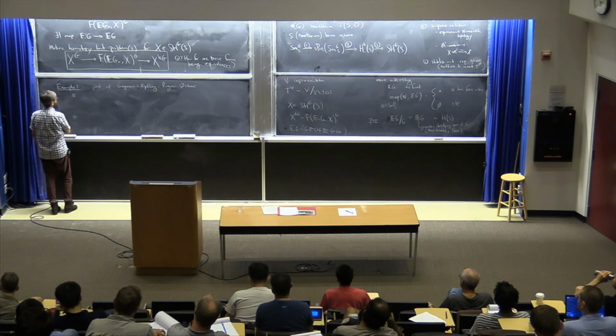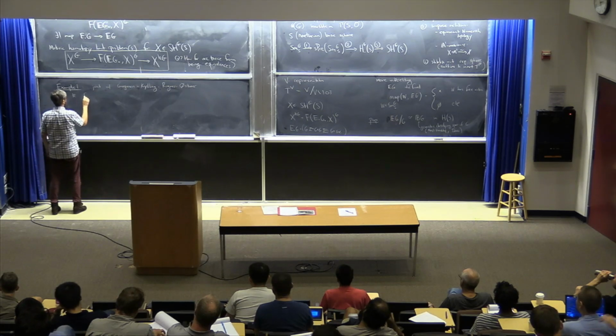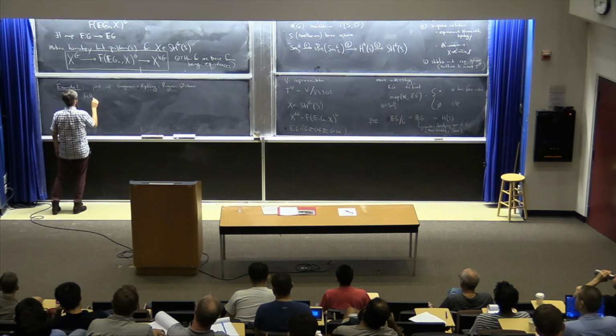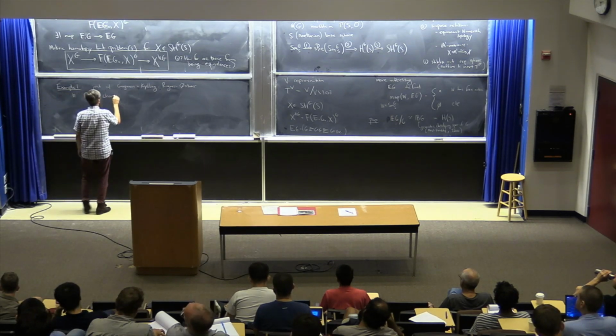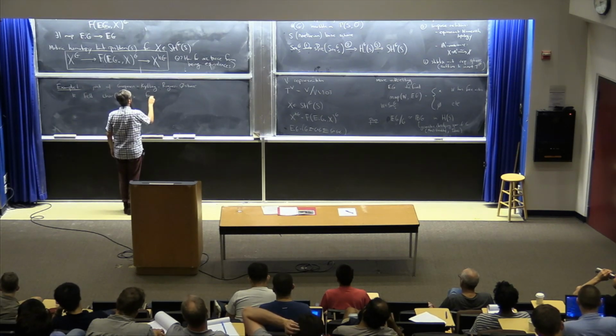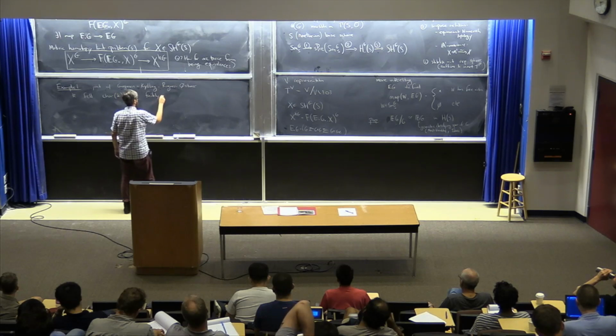Let's see, we're over a field k. Characteristic is not 2. And there's a technical condition here, finitely many square classes.